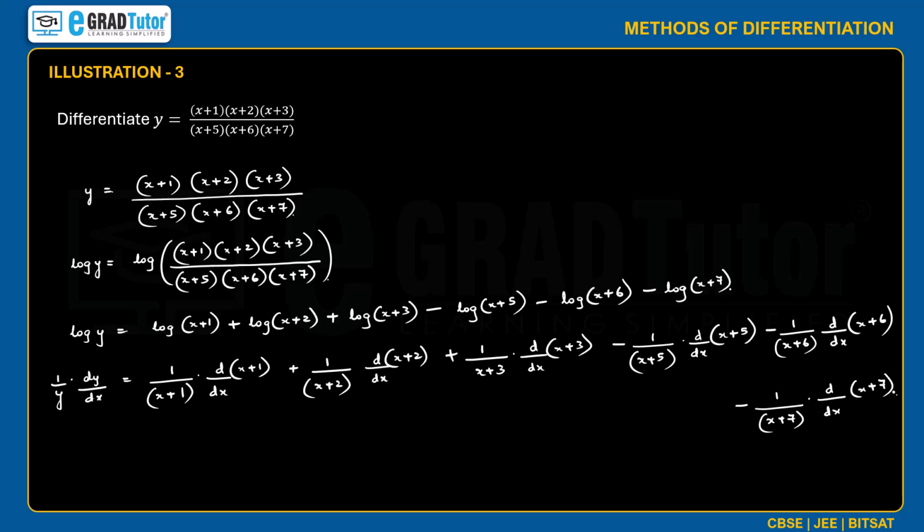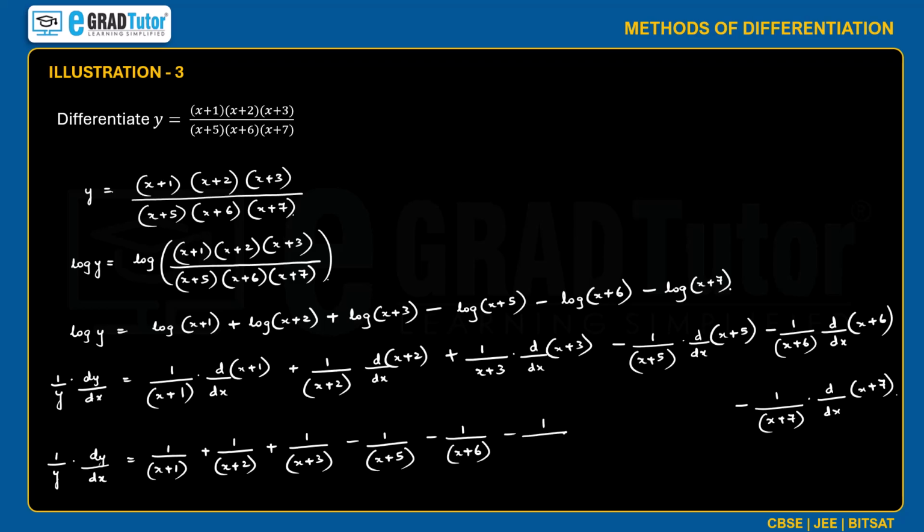Now keep the same term on the left hand side and simplify on the right hand side. 1 by x plus 1 plus 1 by x plus 2 plus 1 by x plus 3 minus 1 by x plus 5 minus 1 by x plus 6 minus 1 by x plus 7.